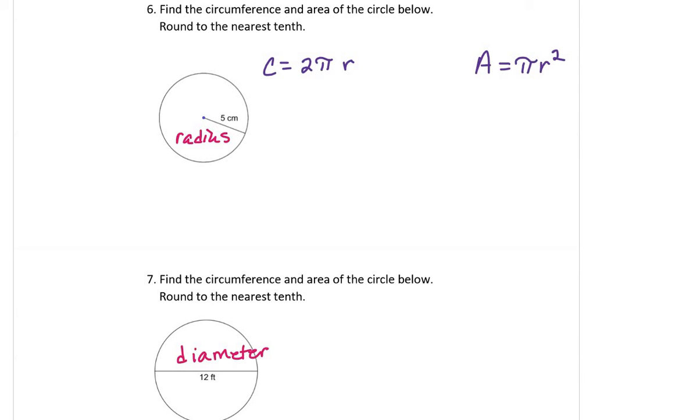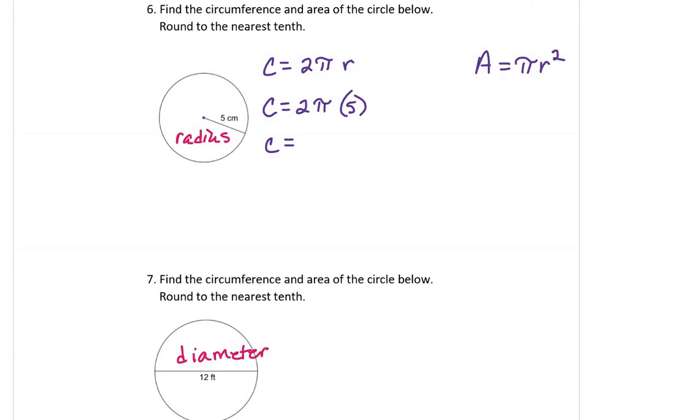Okay, there's my 2 formulas. Now, most of the problems in your homework, it's not going to tell you that you have to use 3.14 for pi, so you can just use the pi symbol on your calculator. If you want to use 3.14, you should be able to do that.